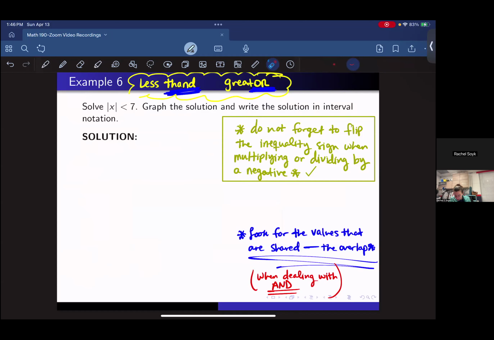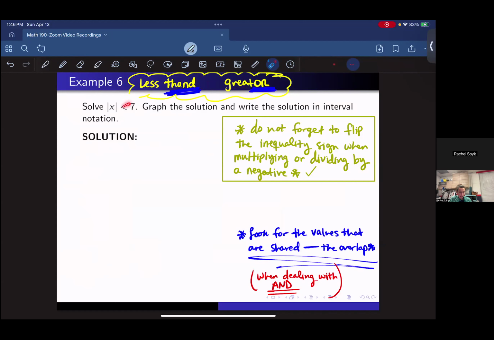In example 6, we're dealing with just |x| is less than 7. So no longer equal signs, we're now dealing with inequalities. I like to utilize this trick: less than, "and"; greater than, "or".